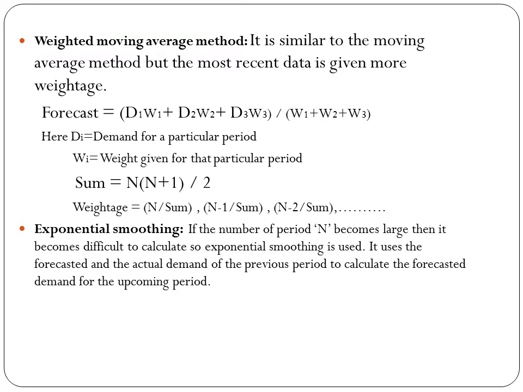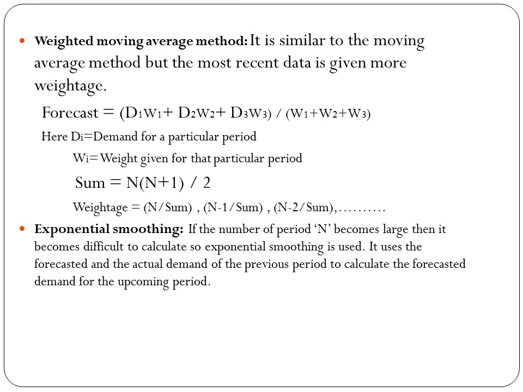Now there is exponential smoothing. If the number of periods n becomes large, then it becomes difficult to calculate. We would have to add so many values, D2, W3, D4, W4, and it would become difficult to proceed with the calculation.